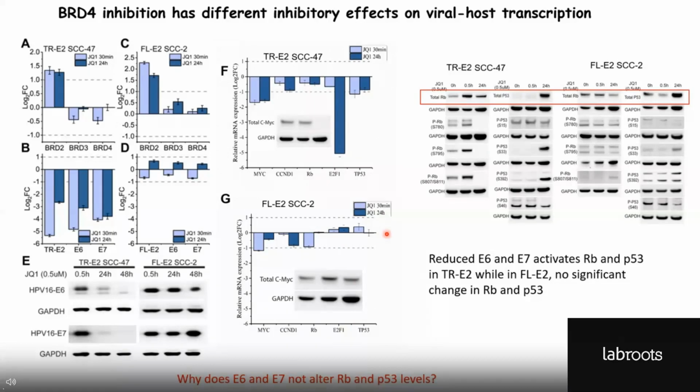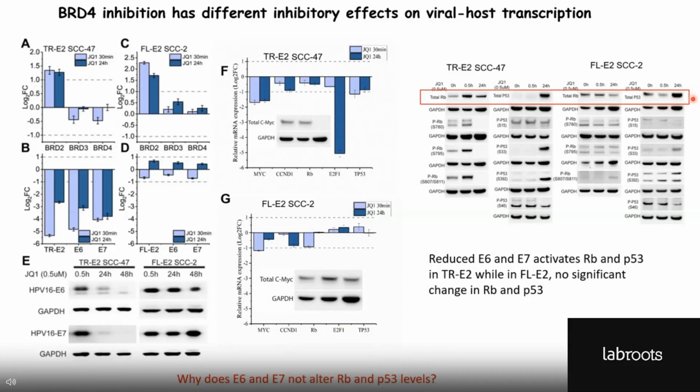So this suggested to us that there must be something going on in this particular case, which we're trying to explore at this moment. And you can see from a protein perspective as well that p53 actually comes back, the tumor suppressor activity comes back on, which is also very interesting.